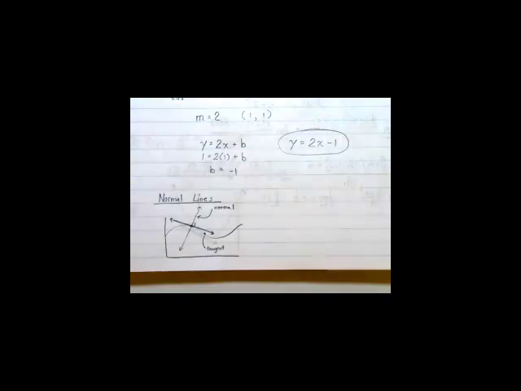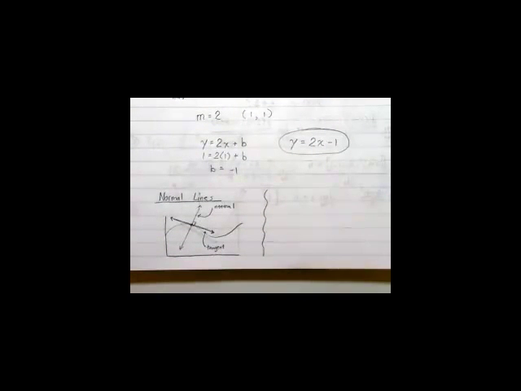So to save a little bit of time here, let's go back to the last example, except just change the directions and make it a normal line instead of a tangent line.